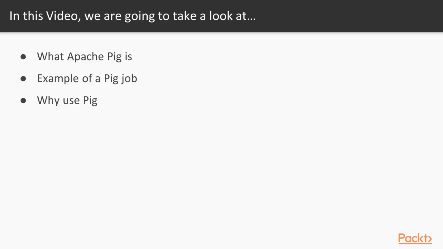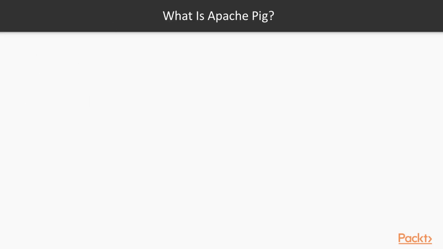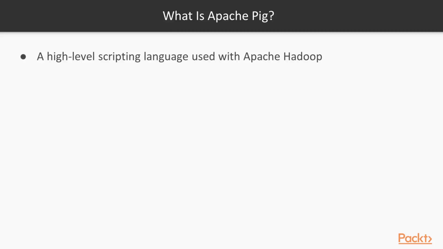So we'll see what Apache Pig is, an example of a Pig job, and why to use Pig. We will answer that question as well. So what is Apache Pig? Pig is a high-level scripting language that is used with Apache Hadoop. It works by describing data analysis problems as data flows.